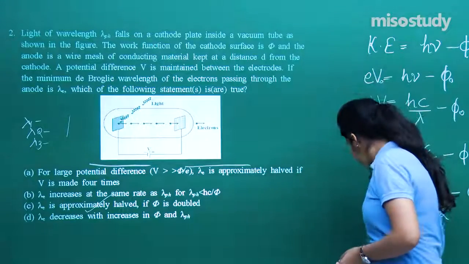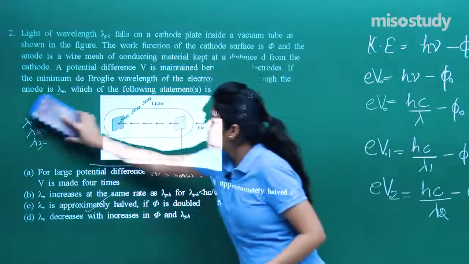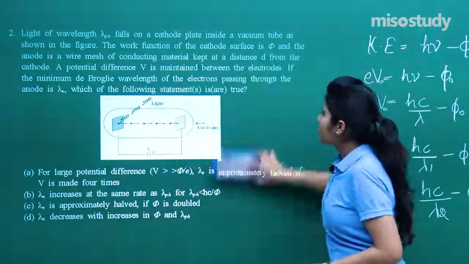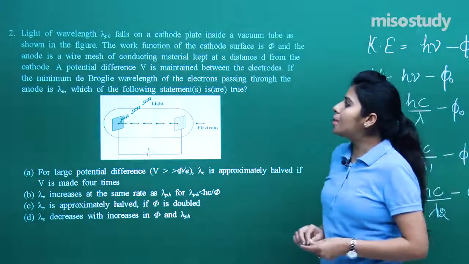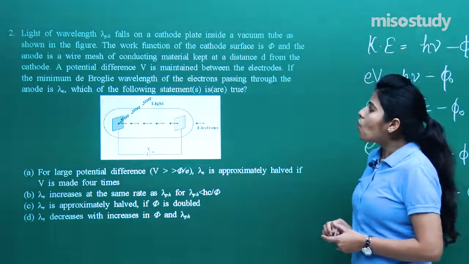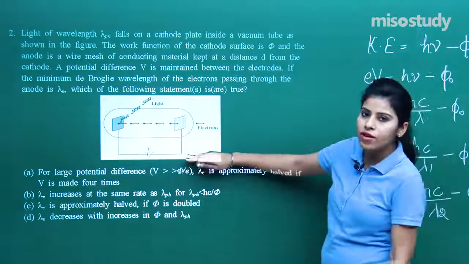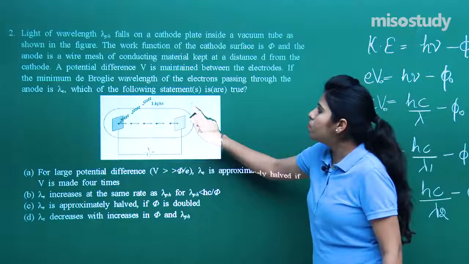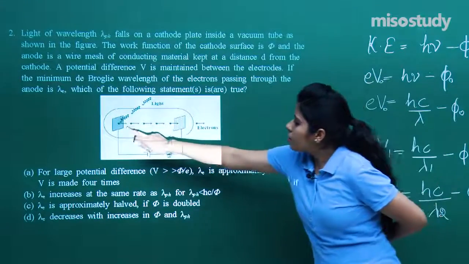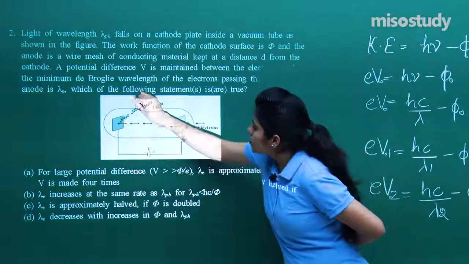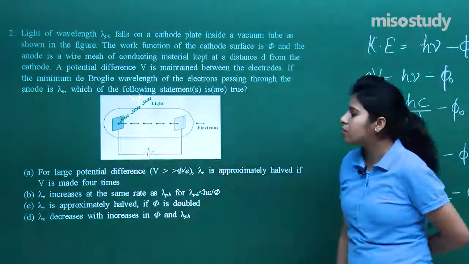Okay. So question number 2 says that a light of wavelength lambda ph falls on a cathode plate inside a vacuum tube as shown in a figure. This is a vacuum tube and this is a cathode plate, and this is lambda ph, photon falling over this cathode plate.